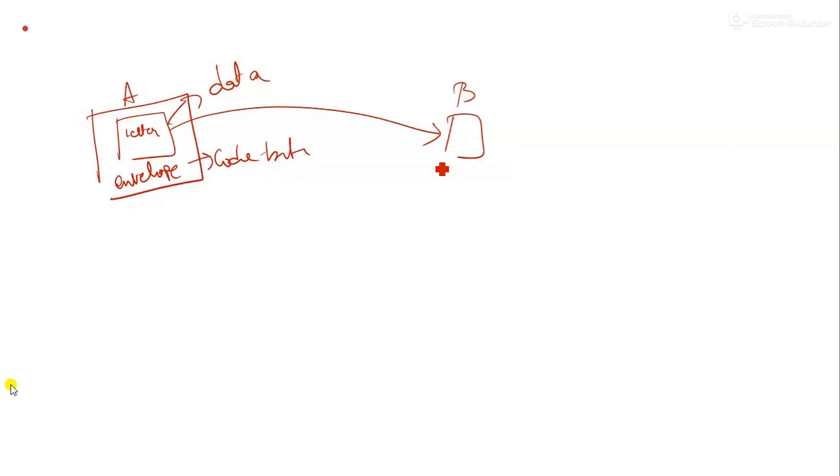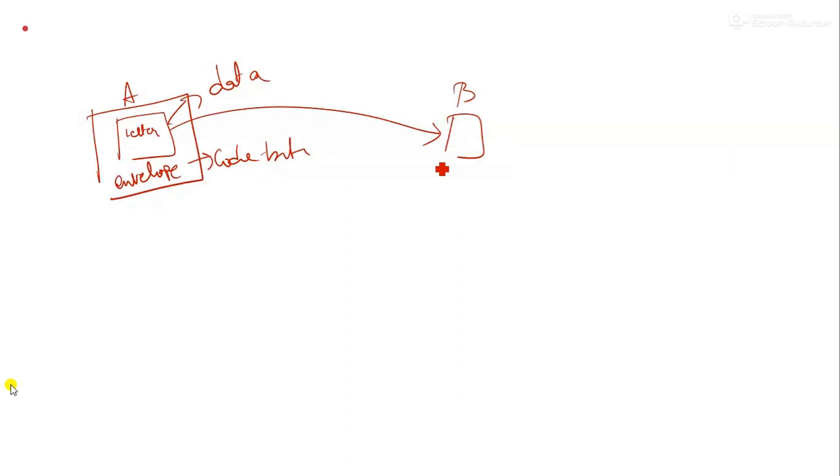I will take, let's say, the actual data, and let's say this is the coded bit I use.